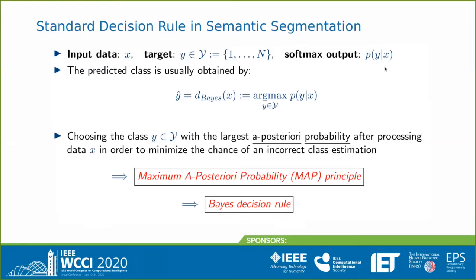The predicted class is then obtained by applying the argmax function to the softmax output. So we simply choose the highest probability in the softmax output after processing the data X. In this way, one minimizes the chance of an incorrect class estimation. From classical statistical decision theory, this is also known as the Bayes decision rule.